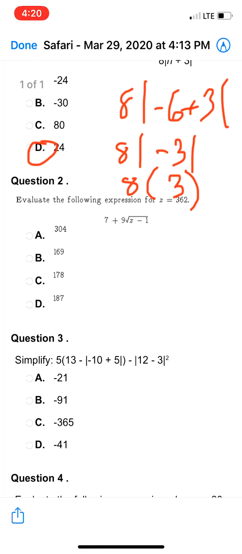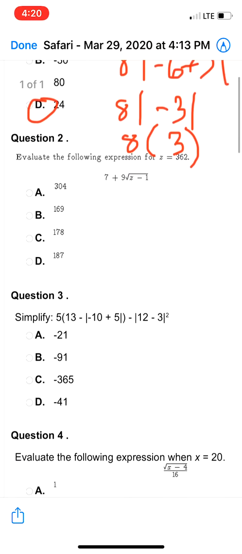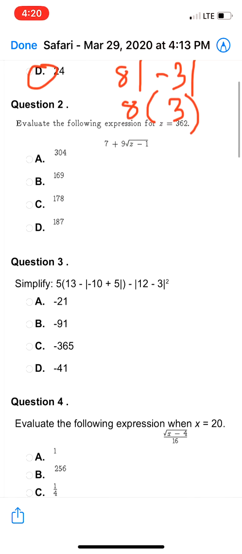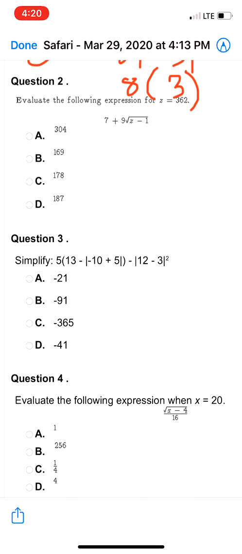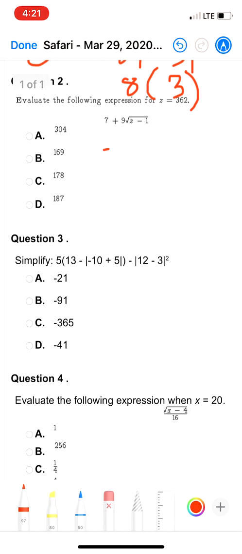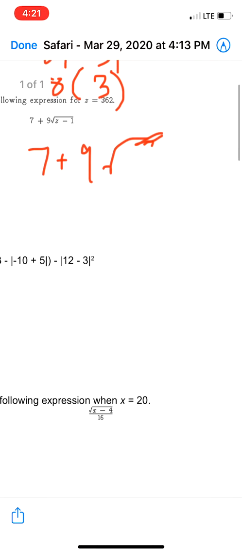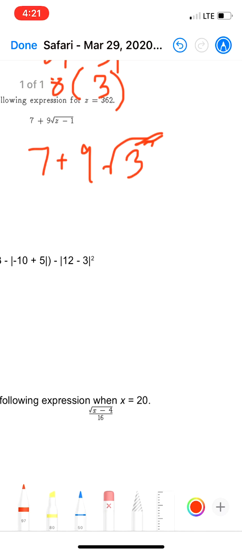You would do the same thing for question 2. In this case, you have z is 362. So you would put 7 plus 9 square root of 362 minus 1.